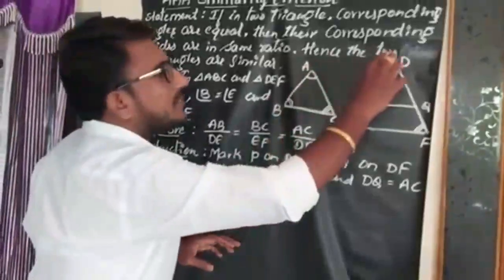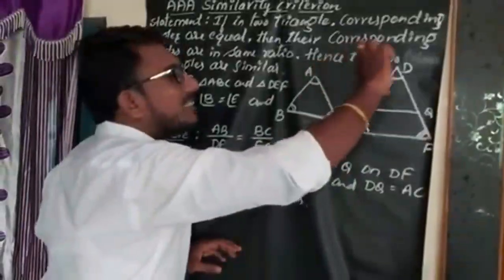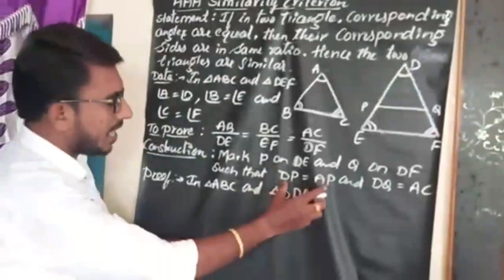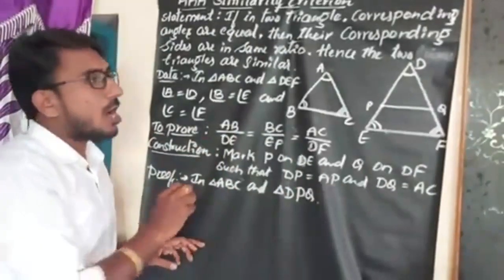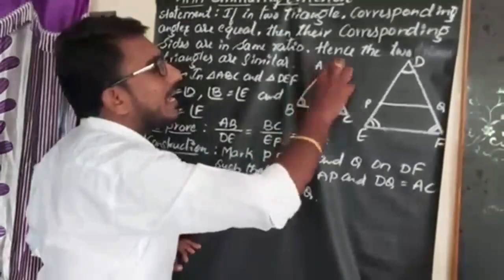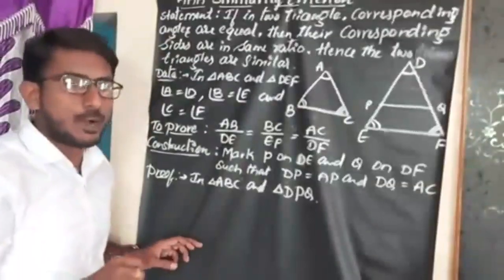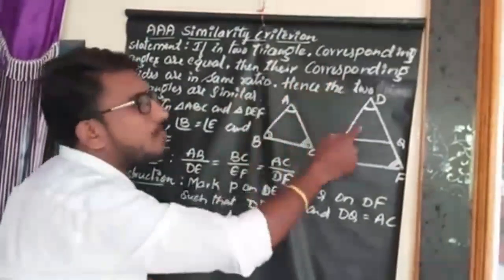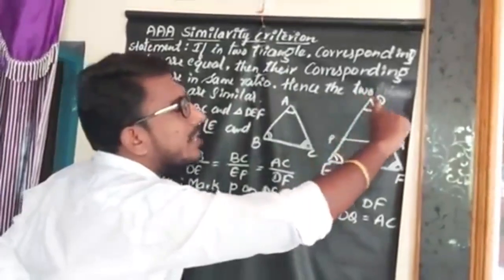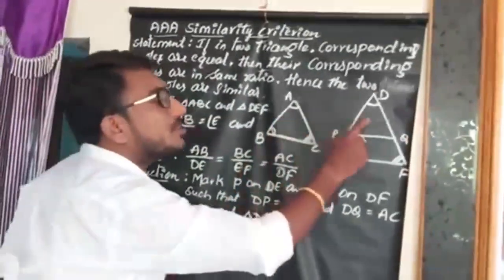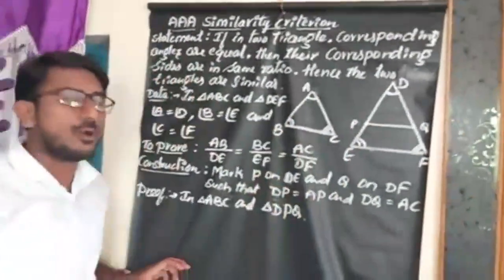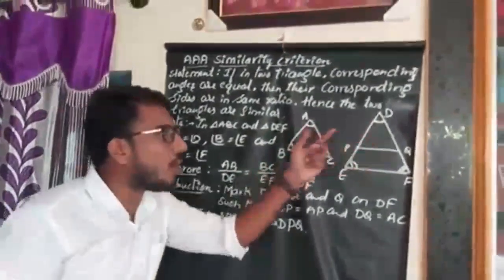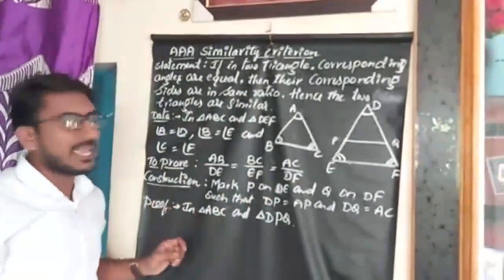And AB is equal to DP as well as AC equal to DQ, which we have written in the construction. So according to the side angle side postulate, the side angle side of one triangle is correspondingly equal to the side angle side of another triangle. Therefore, these two triangles are congruent according to the SAS postulate.